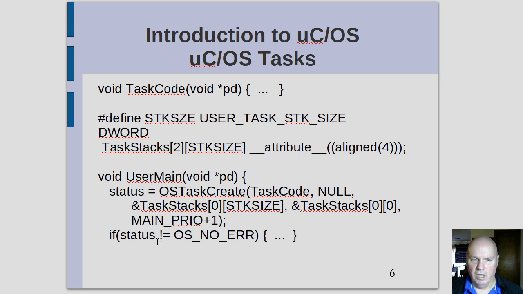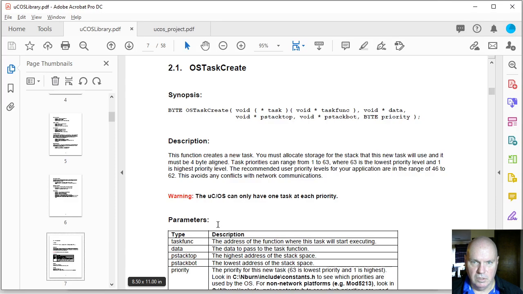Notice I'm looking for a status return, and I'm only going to continue if the status is OS no error. So again, flipping over to the documentation here, you'll see that it actually returns a byte.